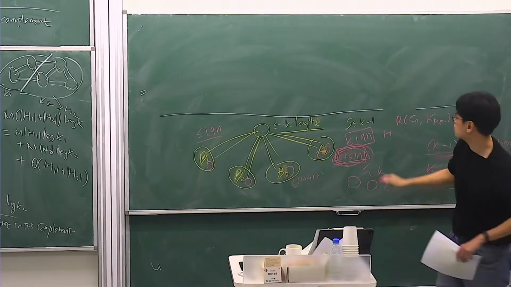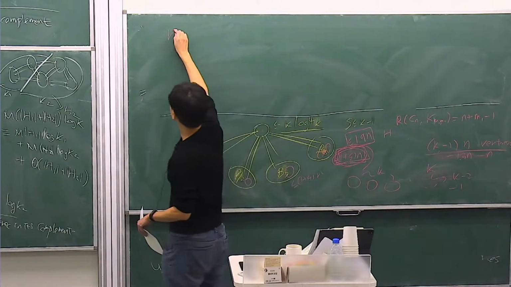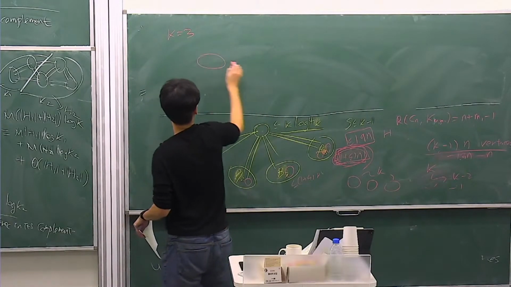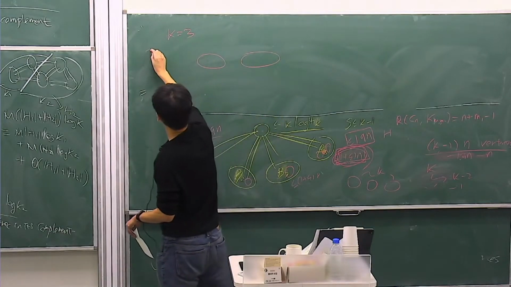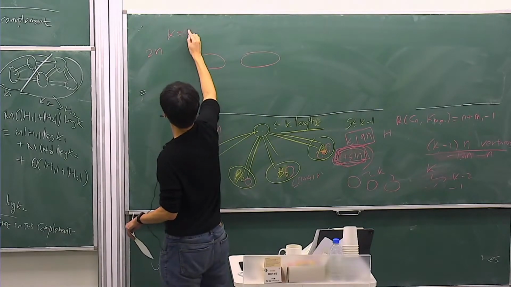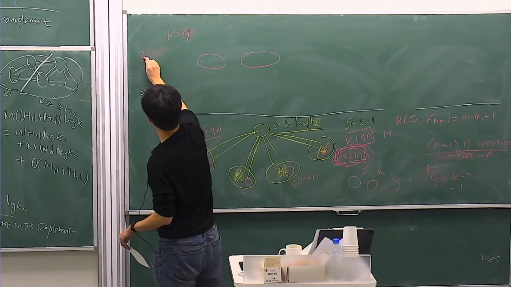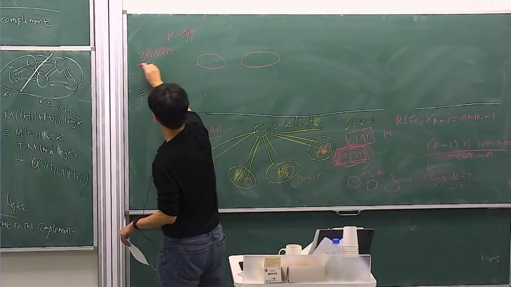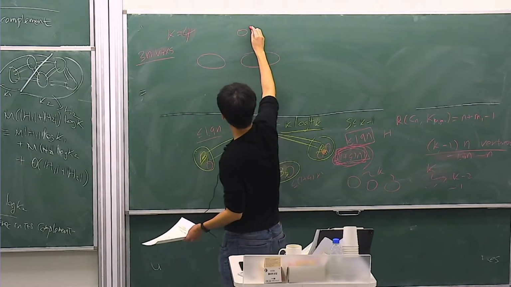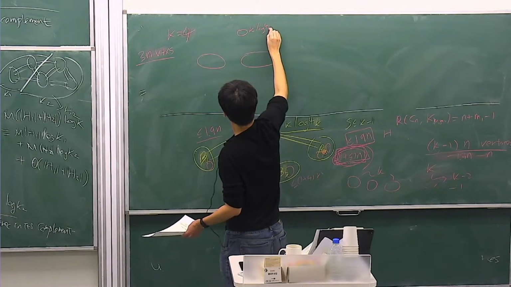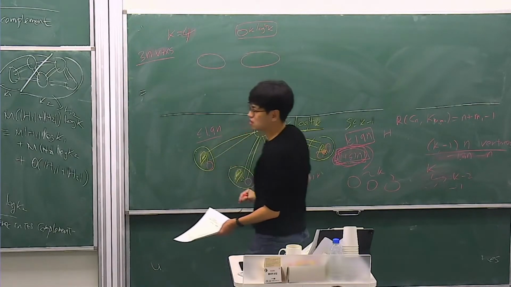So maybe an easy case, let's say k equals 3. K equals 3, you have 2n, this is too easy, okay. K is 4, you have 3n vertices. Roughly 3n vertices. So here, this is only k log 4a k, so you can just forget this.